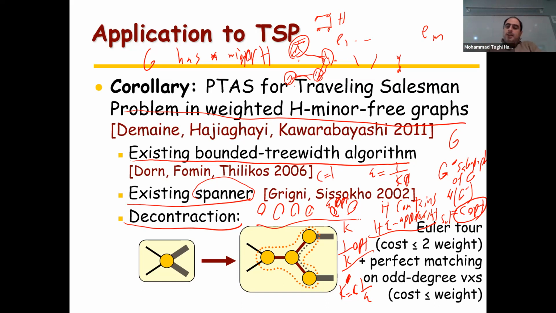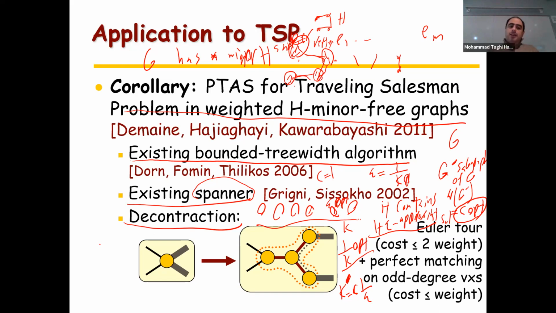Good. So why did I mention this? Because now, in some sense, I can say that for each vertex of H, there is a super vertex in G that corresponds to it.